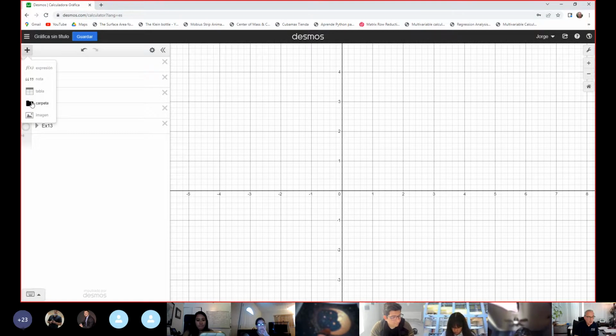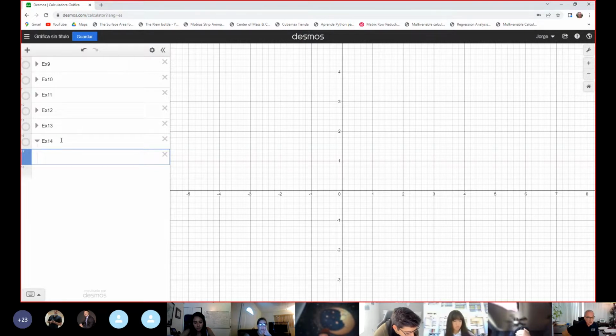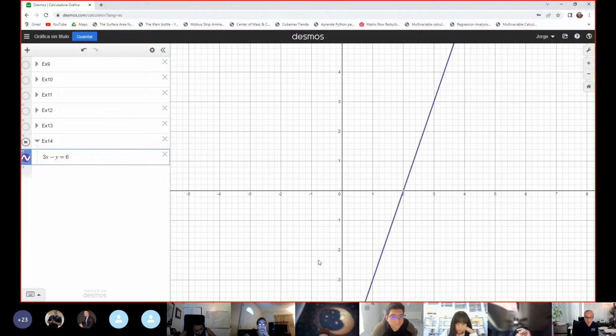Okay, I open a new folder. This is example 14. Put it in the same order. I press enter. Automatically, when you press enter after the folder you create, this line connects directly to it. So the 14 is 3x minus y. Okay, purple color.